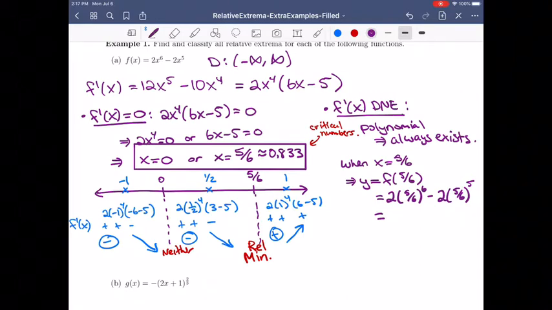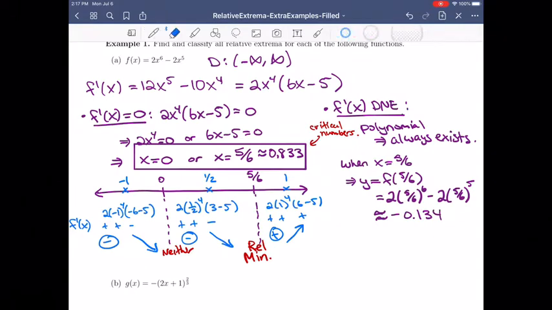If I compute that, we get something that's approximately negative 0.134, if you plug that in.